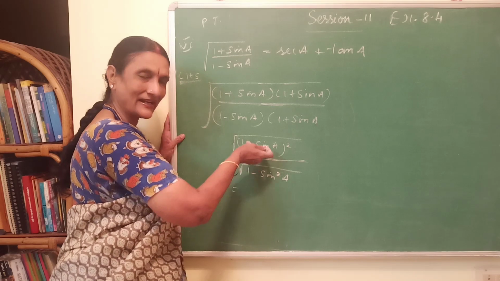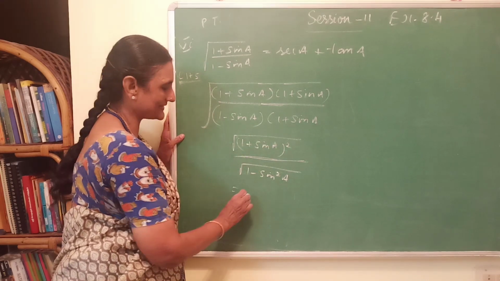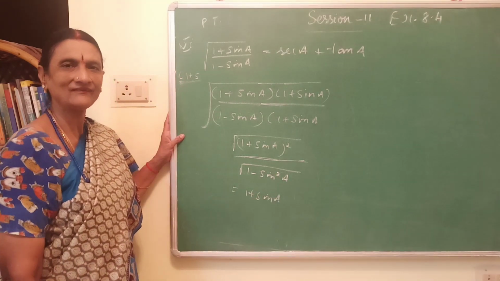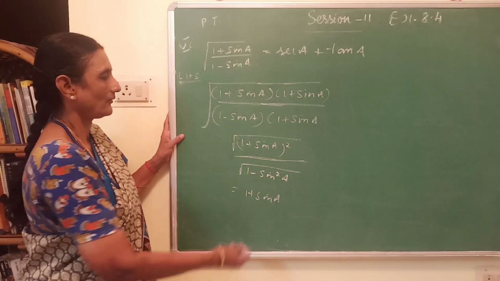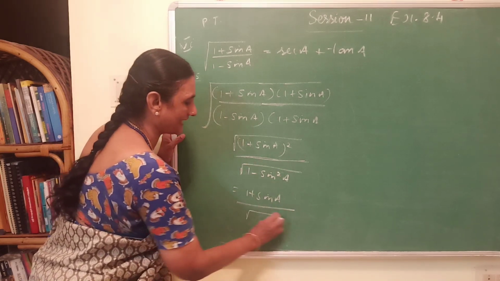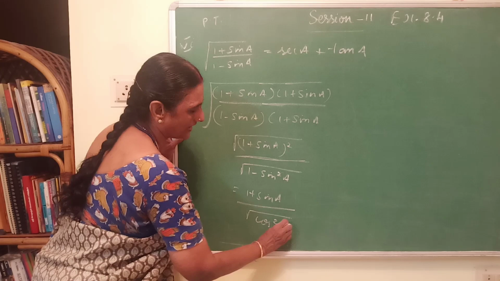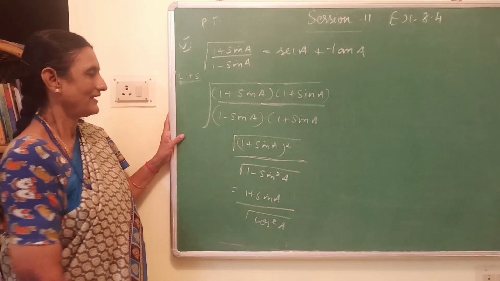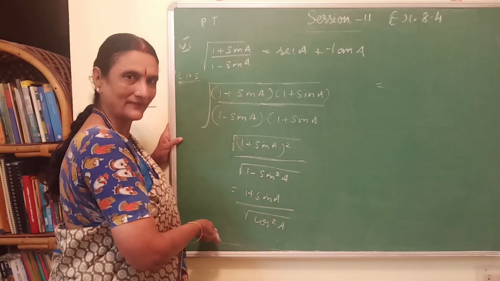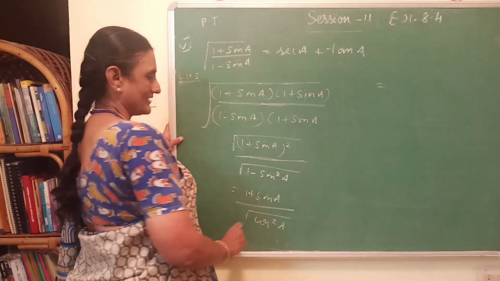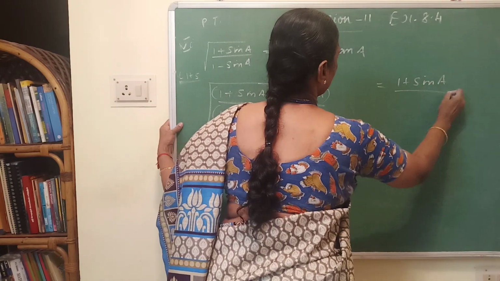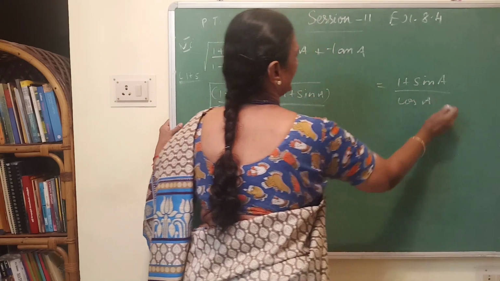Now the numerator has to come out of the root sign, which means that becomes 1 plus sin A. Are you understanding? Convinced? Now the denominator, root of 1 minus sin square A, is obviously cos square A within the root. So you will take it out from the root sign as cos A. So the square root of cos square A is cos A. Correct?